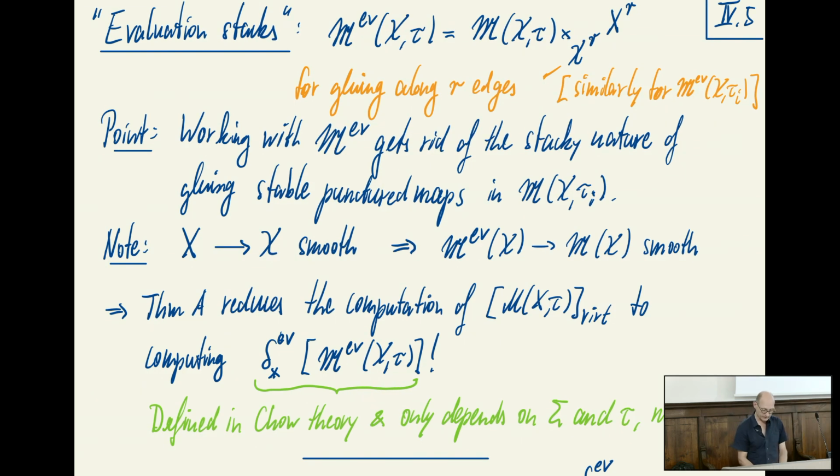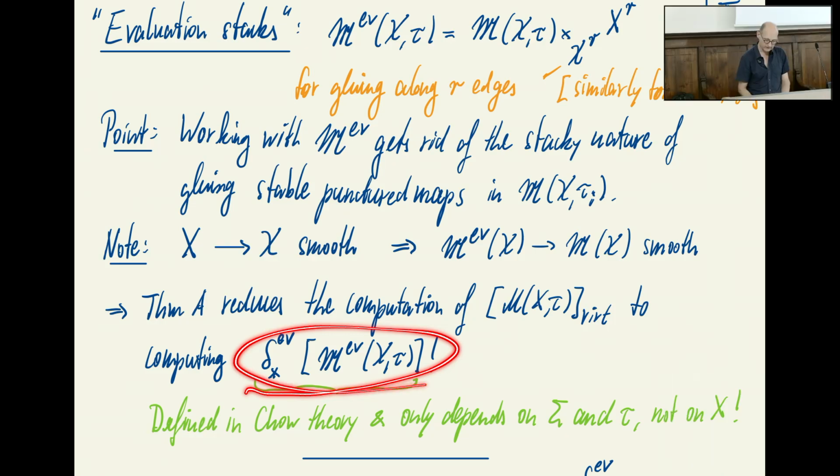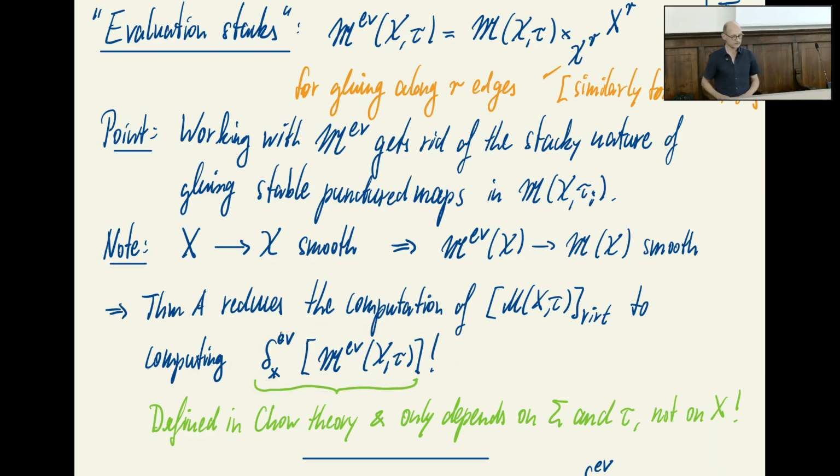And so theorem A reduces the computation of this thing to computing the push forward of that fundamental class. One interesting feature of this is that it only depends on the Artin fan. Actually, I lied. I wanted to change this and somehow forgot. This is not quite right, what I wrote. It does depend on X, but very mildly.